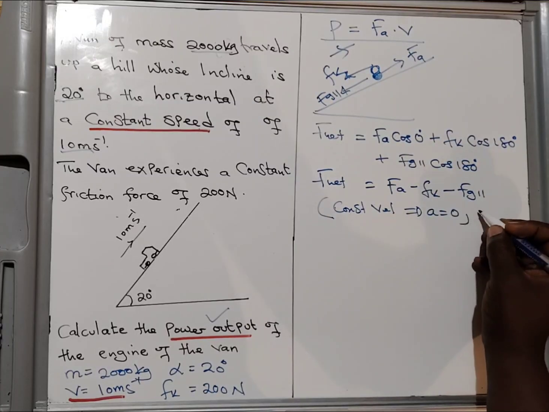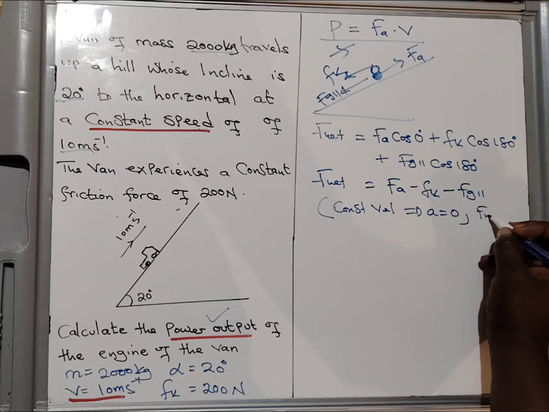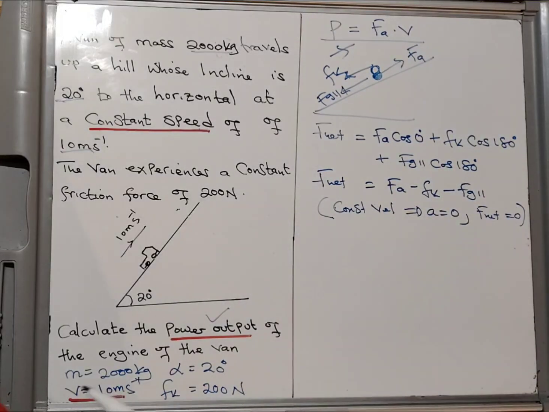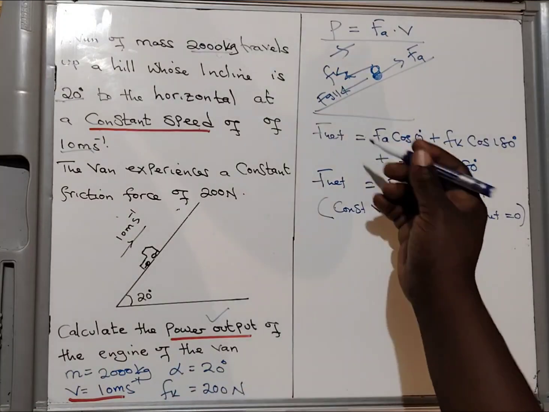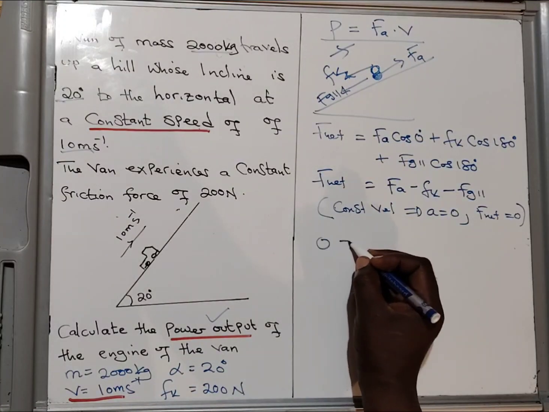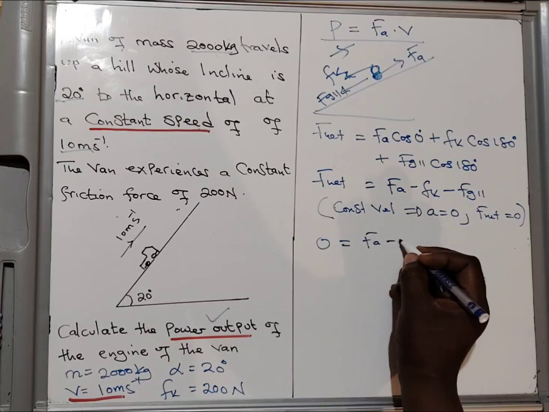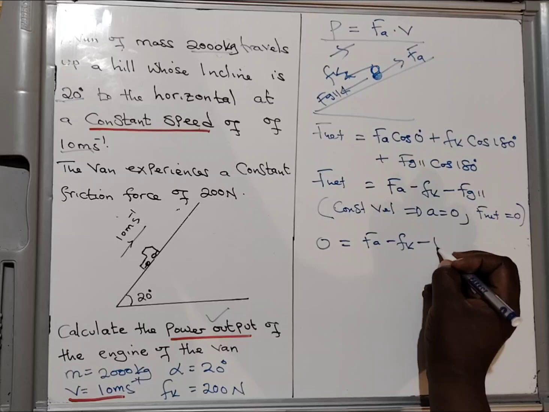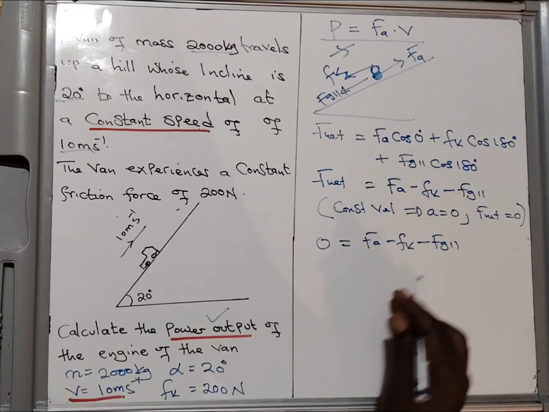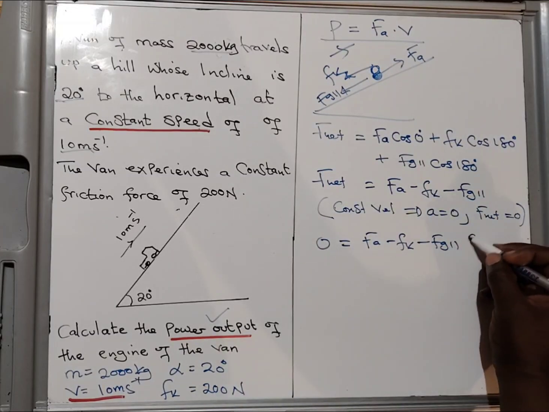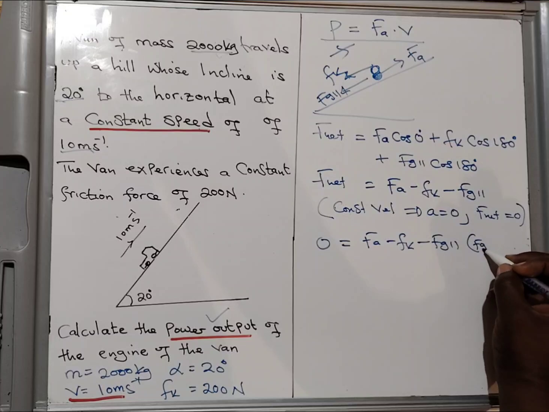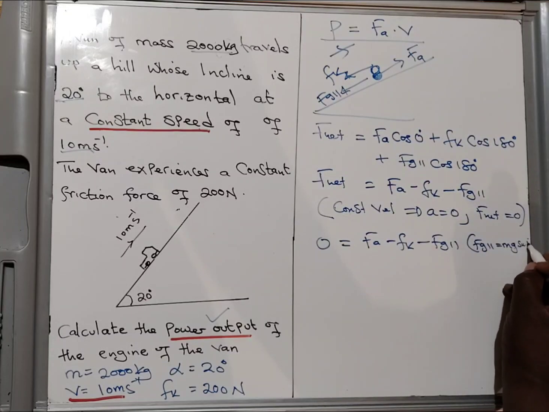It also means that if acceleration is 0, therefore F net is also 0. So from there, what do we have? We are having 0 as our F net in the expression, and we are going to have Fa minus Fk minus Fg parallel. You have to remember that Fg parallel is mg sine alpha.